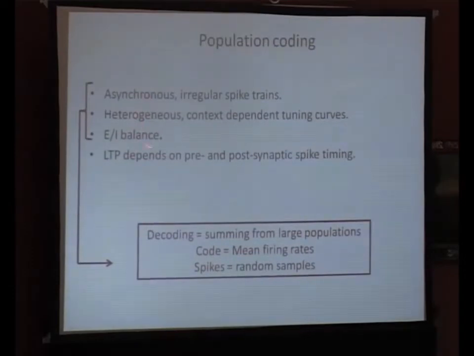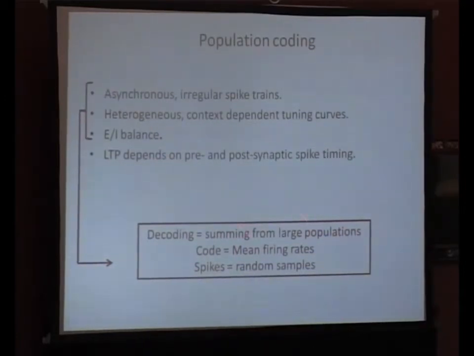But from the first three well-known facts, this leads basically to the population coding approach, where since single neurons are so noisy or variable, and single spike trains also, in order to extract information from this activity, what you need is to sum the response of a large population of neurons.